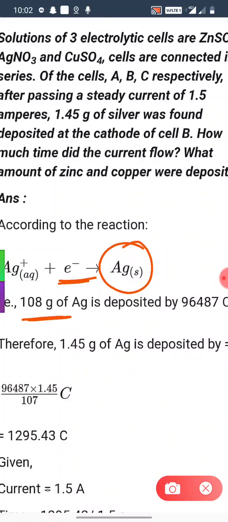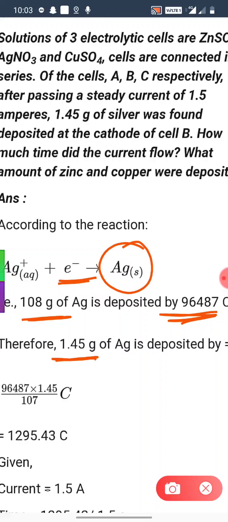Don't worry about the atomic masses, children; they will be given to you in the question in your board examination. So, to deposit 108 gram of silver, 96500 coulomb of charge is required. Now, to deposit 1.45 gram of silver, how much charge will be needed?